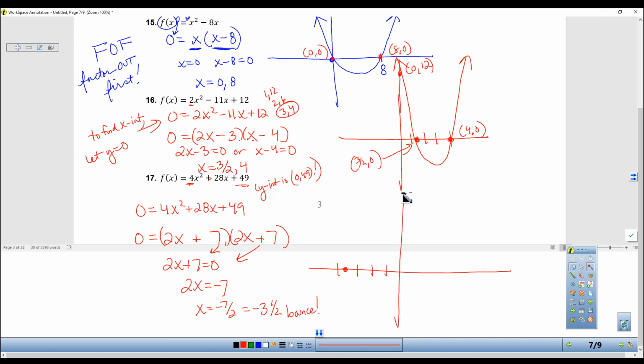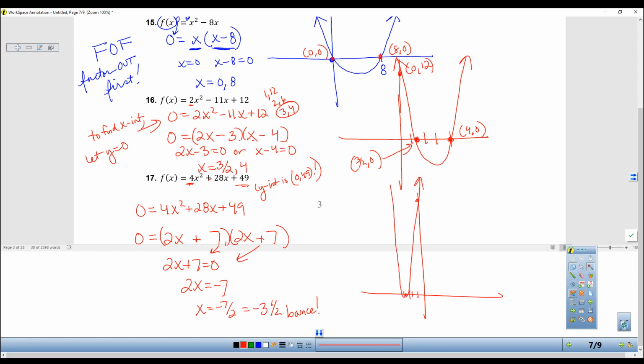And then way up at 0.49, obviously this is not a great graph. It's so bad I'm actually just going to erase it because I forgot that I have to get all the way up to 49. So 3.5 and 49 and a bounce.